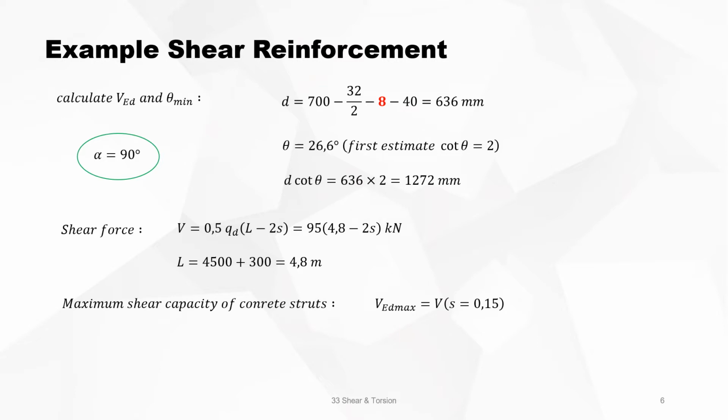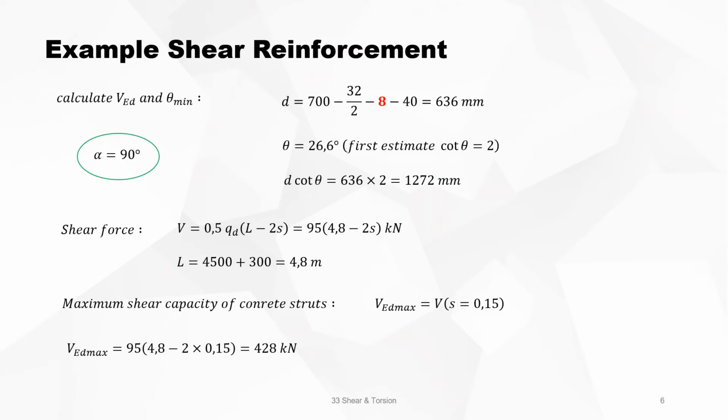And the maximum shear capacity of the concrete struts must then fulfill the VEd max, which occurs at the face of the support, and it means s is then 0.15 because the support is 0.3 meters width.